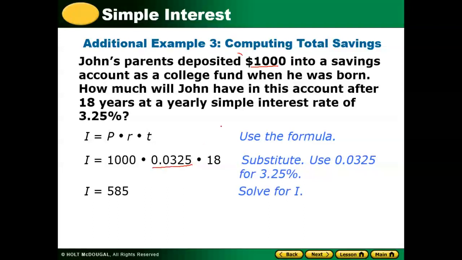Doesn't seem like a lot, but it's only $1,000. That's not only, but it's $1,000 that's been invested over 18 years. Could you imagine if they invested $1,000 every year? That is what we call compound interest, when you have an interest amount compounding over a certain amount of time.